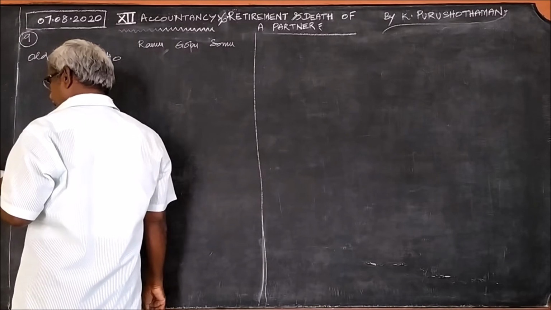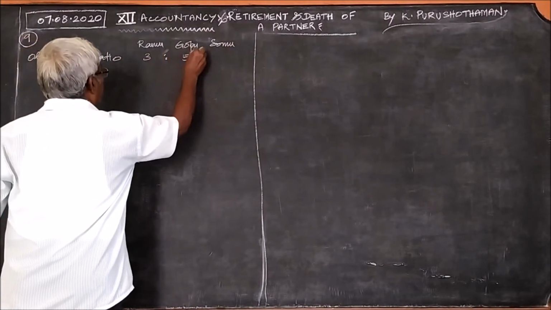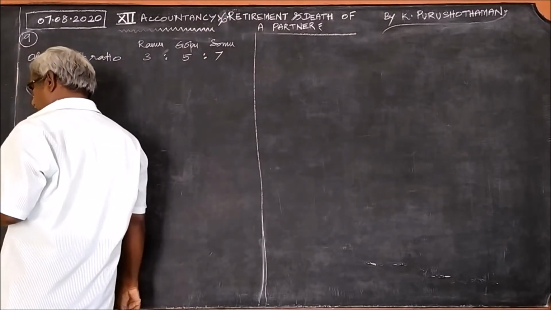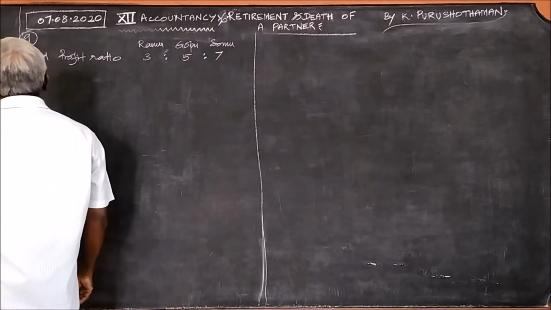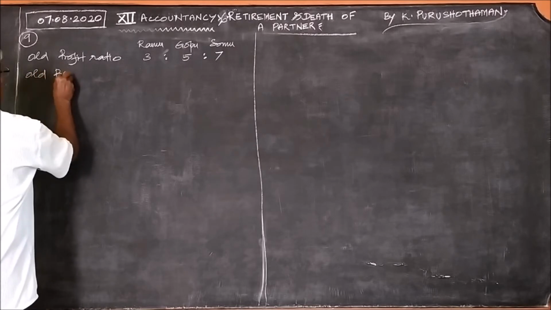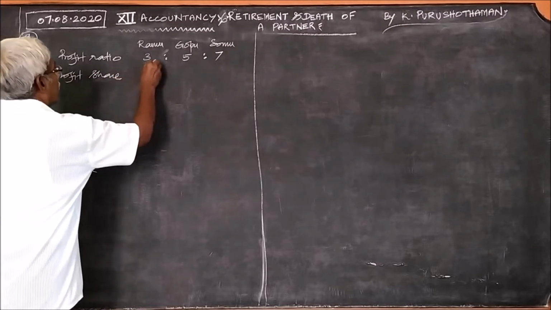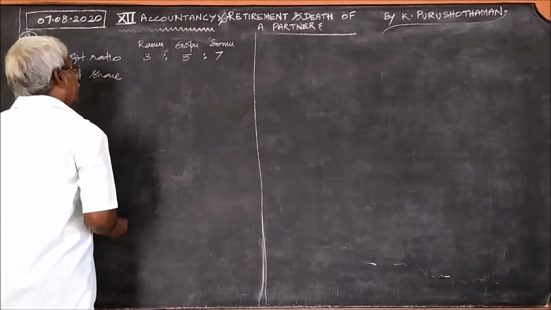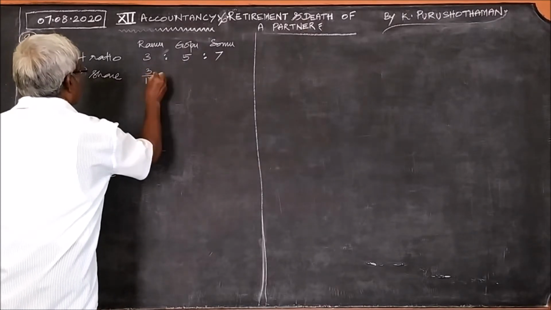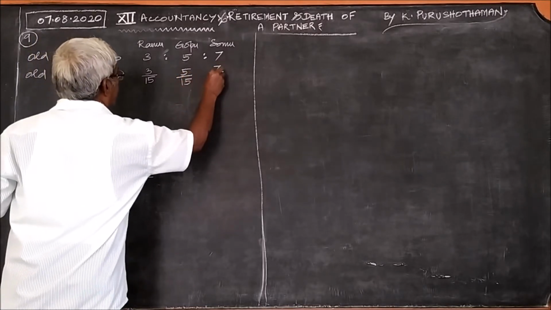The old profit ratio is 3:5:7. Therefore, the old profit share: three plus five, 8, 8 plus 7, 15. So 3 by 15, 5 by 15, 7 by 15.